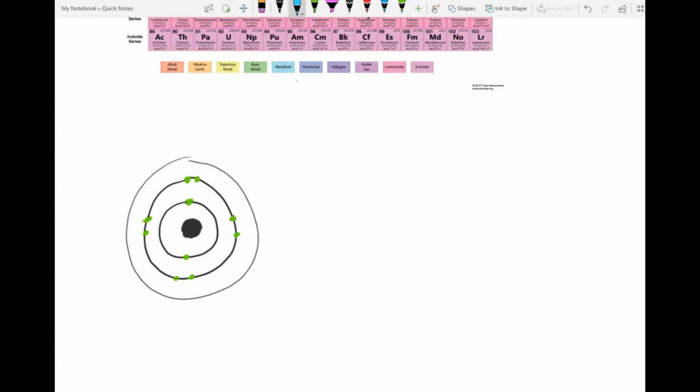Okay, so for silicon, again, you have the outer shell, and then you have 4 valence electrons that you're working with. Now here's the issue. You're at that perfect midpoint, which means one option is totally to add in 4. And you add your 4 into that last valence shell, which is your third shell.